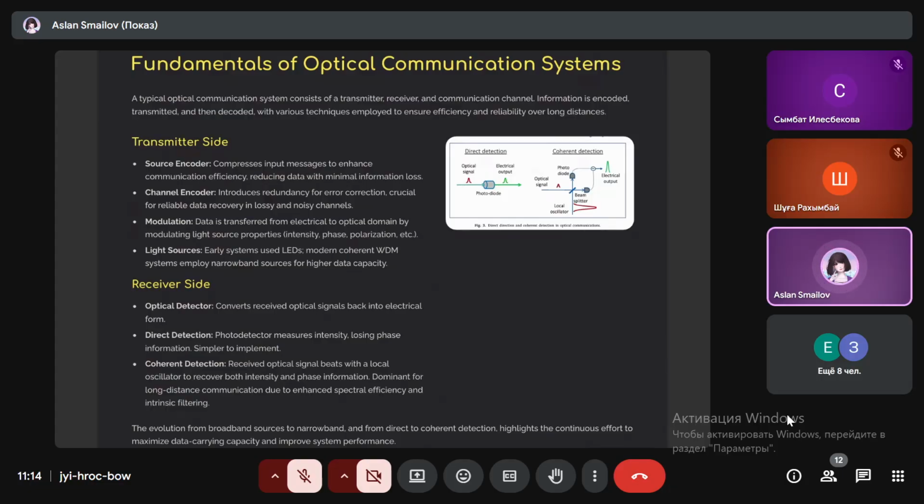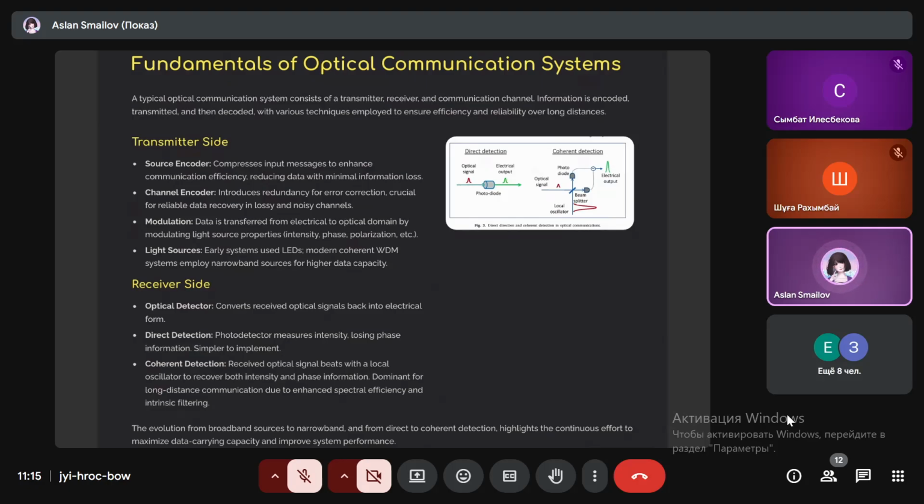A photodetector measures intensity, losing phase information, but it is simpler to implement. And coherent detection mixes the received optical signal with a local oscillator to recover both intensity and phase information, and is used for long distance communication due to higher spectral efficiency and in-band filtering.